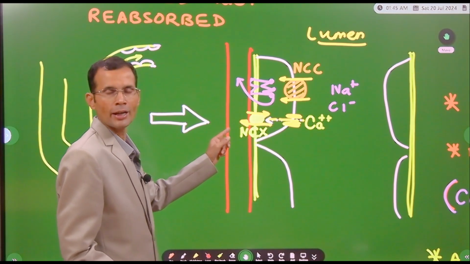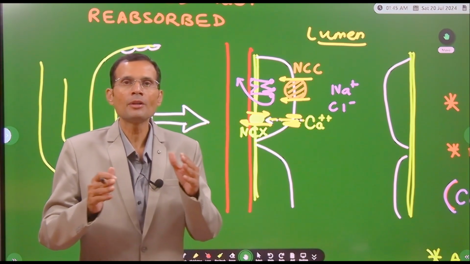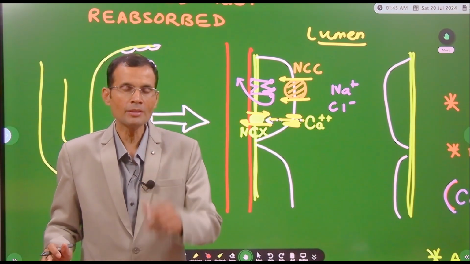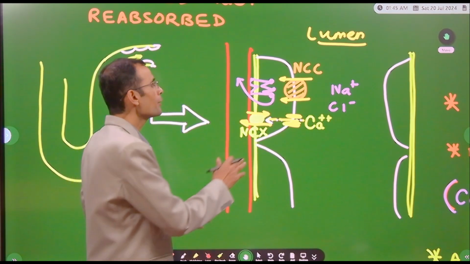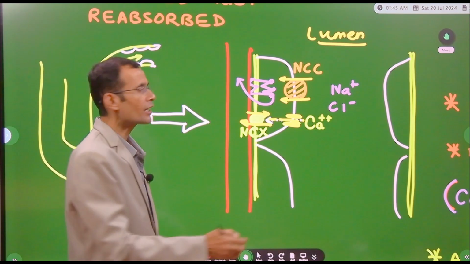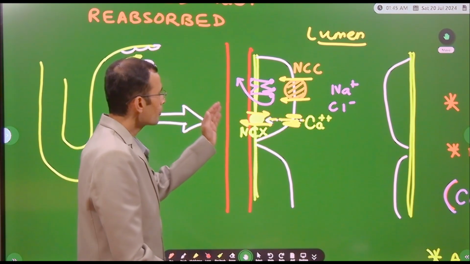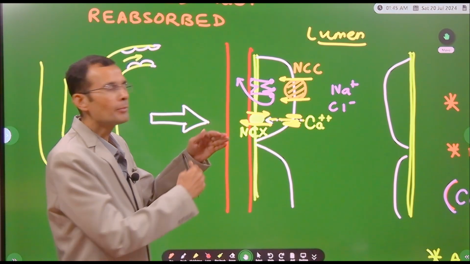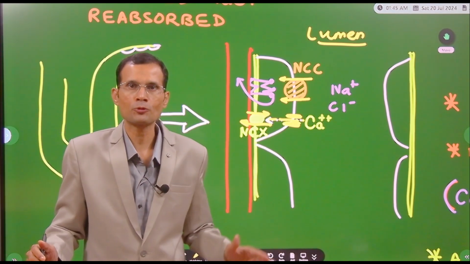It leaves the cell to enter the blood by using the NCX, the sodium calcium exchanger. Remember, this exchanger is also present in the myocardium, the myocardial fiber. Anyway, the NCX causes calcium to go out of the cell and sodium is brought into the cell, and in this manner calcium is reabsorbed.